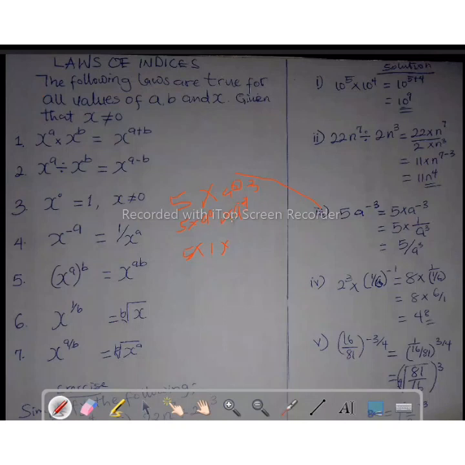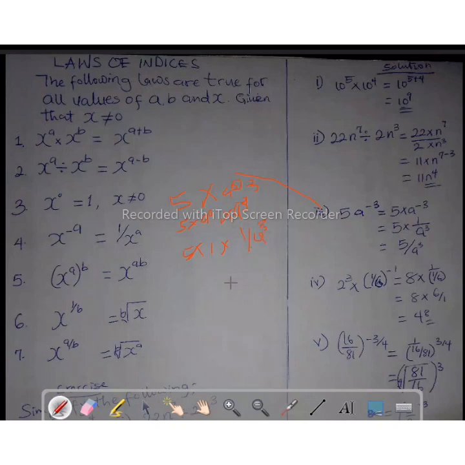A raised to power minus 3, by applying the fourth law, is the same thing as 1 all over a raised to power 3.